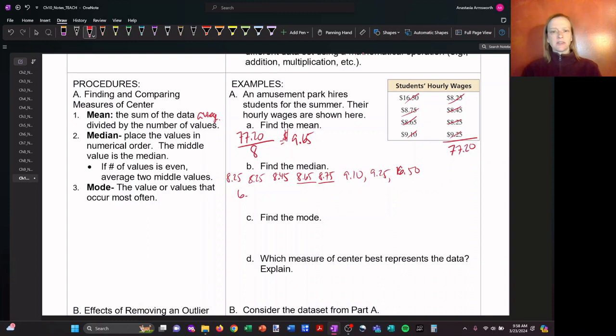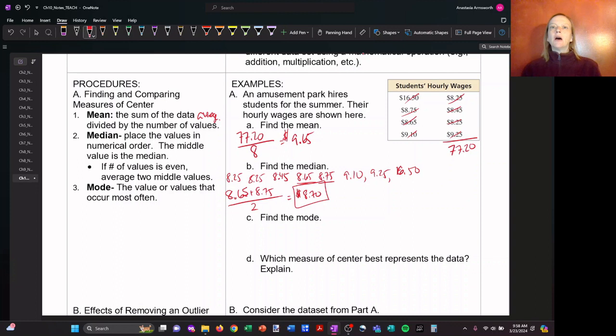Remember, an average is just 8.65 plus 8.75. This time I'm only averaging 2 values, so I divide by 2. And that gives me an answer of $8.70. And so you can see you could have really done that in your head without actually doing the calculation. But $8.70 is the median value for this data set.